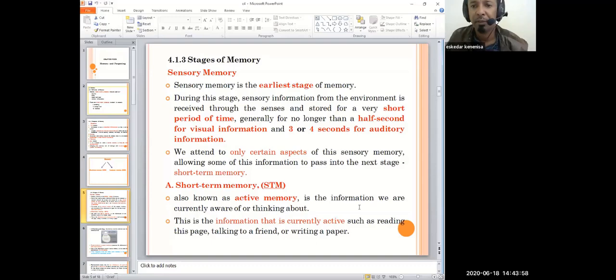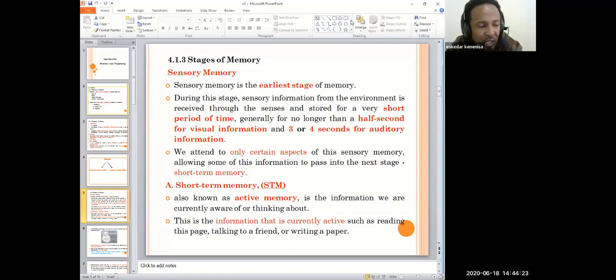When I turn my face around, for example, when I look around this room, I see different things on my way. Those things will be stored in my sensory memory for at least half a second. Visual information, half a second. Then how about sound? Sound will be stored for 3 to 4 seconds.